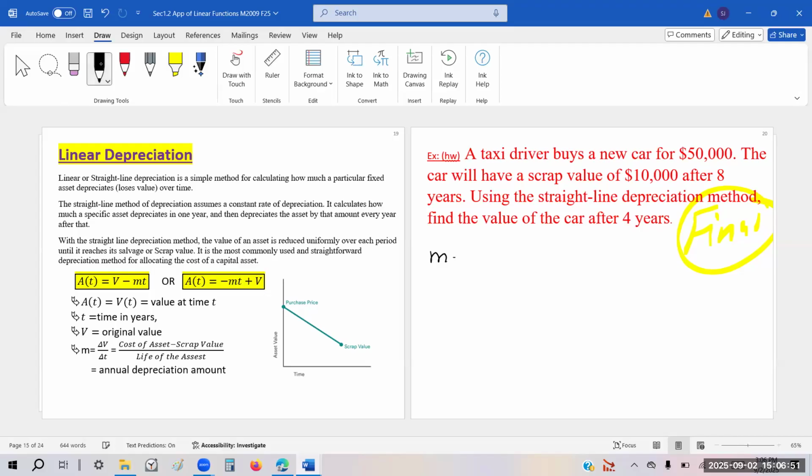So step one here, we have to find the slope, meaning the depreciation rate per year.